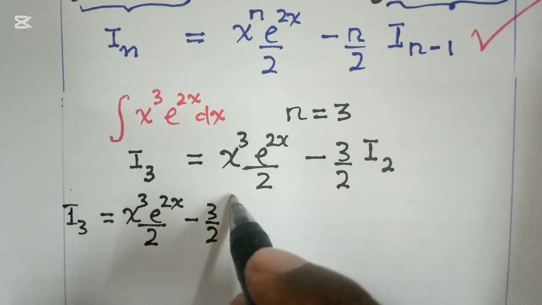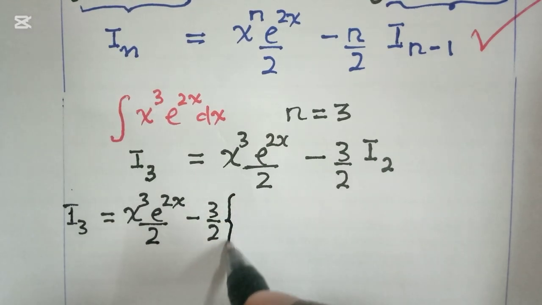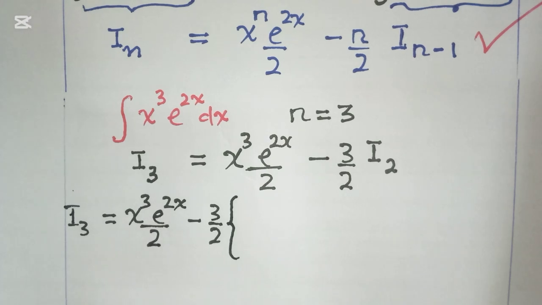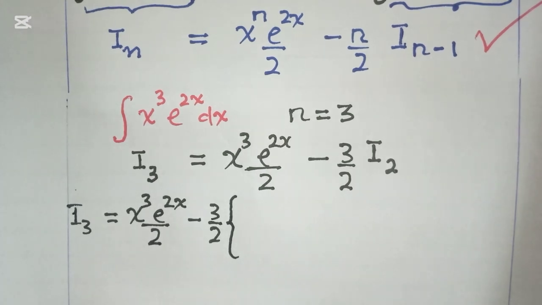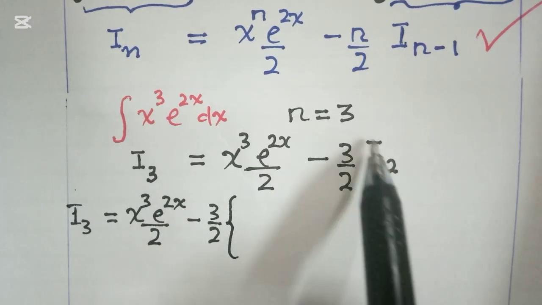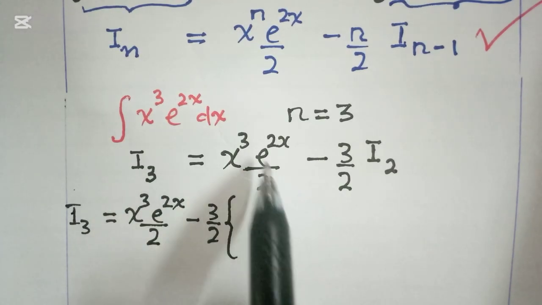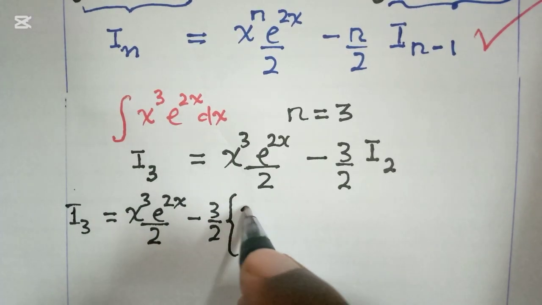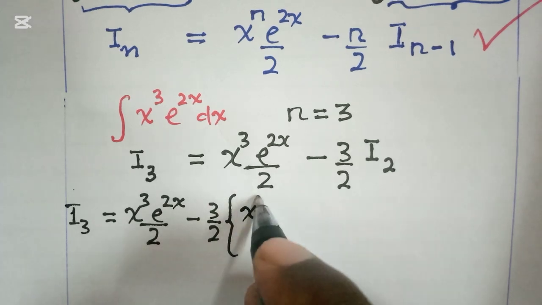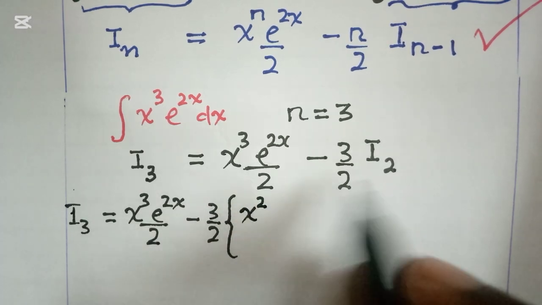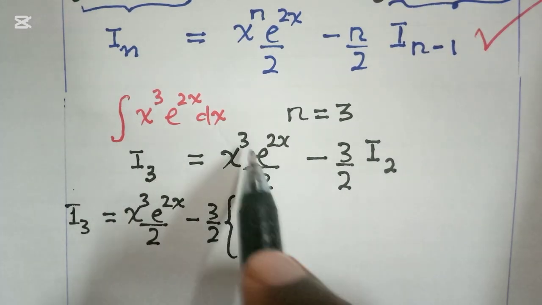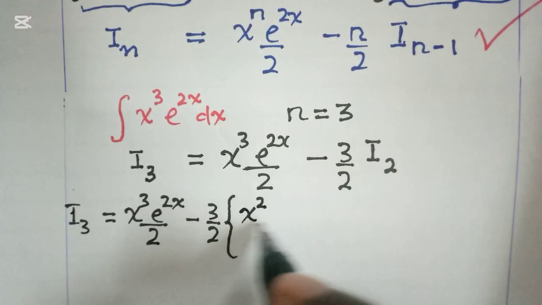So now we come and integrate that, I2. And our I2 will take this format, so that our I2 will be like this. So that now when we come here, we shall write x raised to 2. Because now I2, if this one is 2, then this one should be 2.